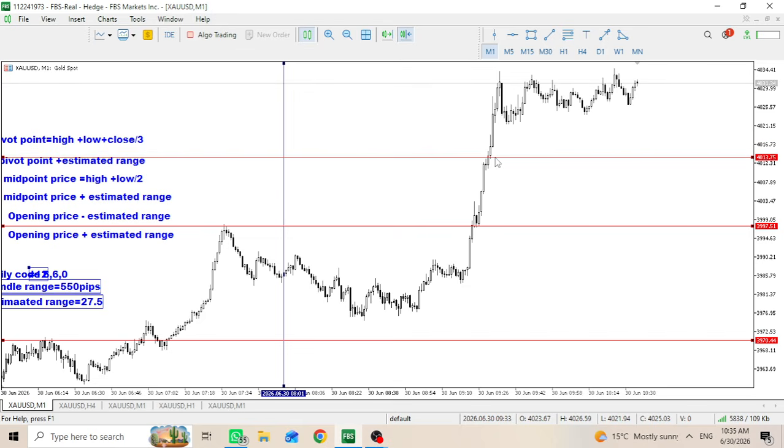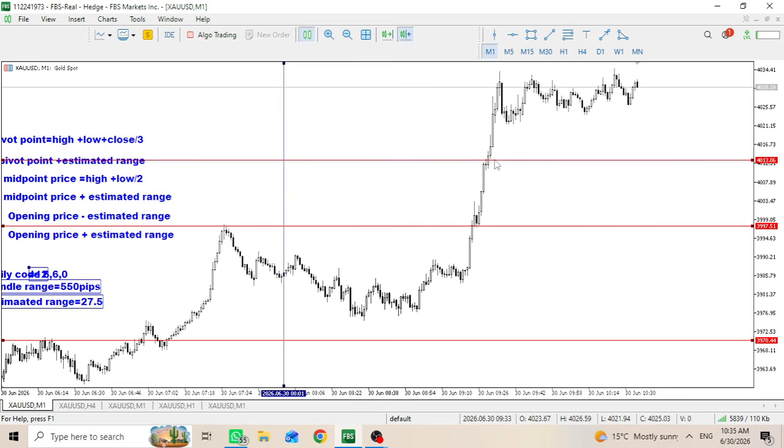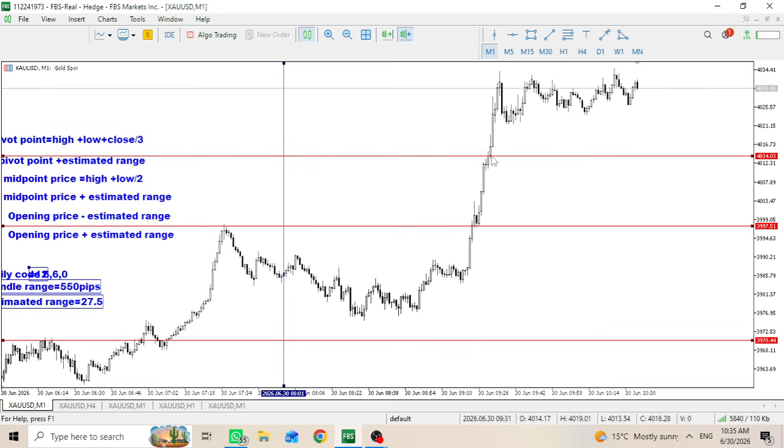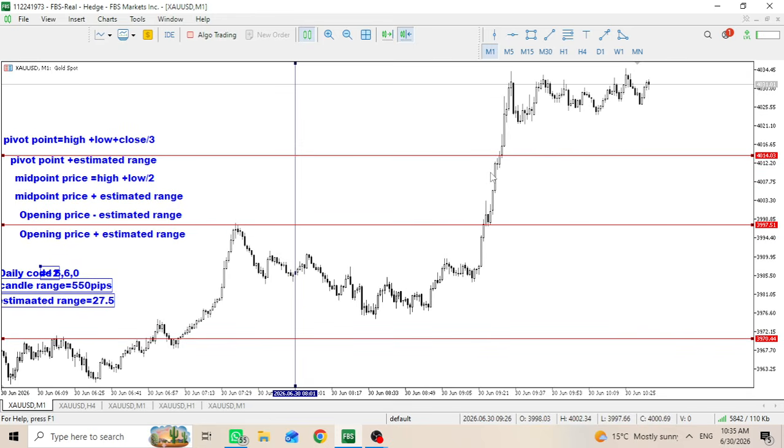Around here. 4014. Around there. That is the 4014. And you can see there is where the banks have added more buys. They added more positions and the market just pumped again.